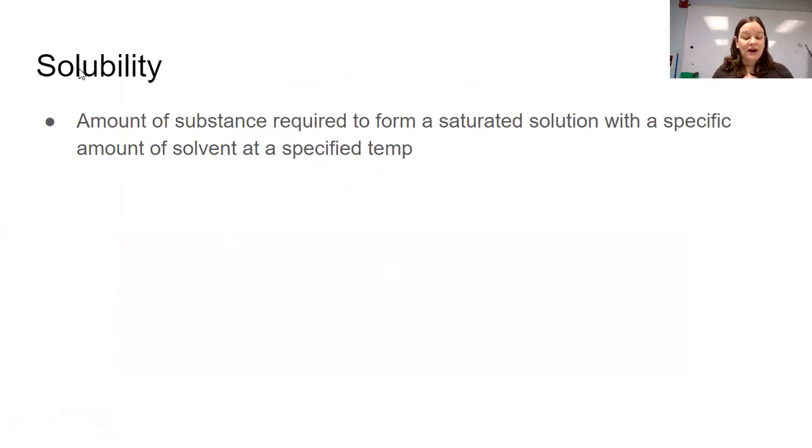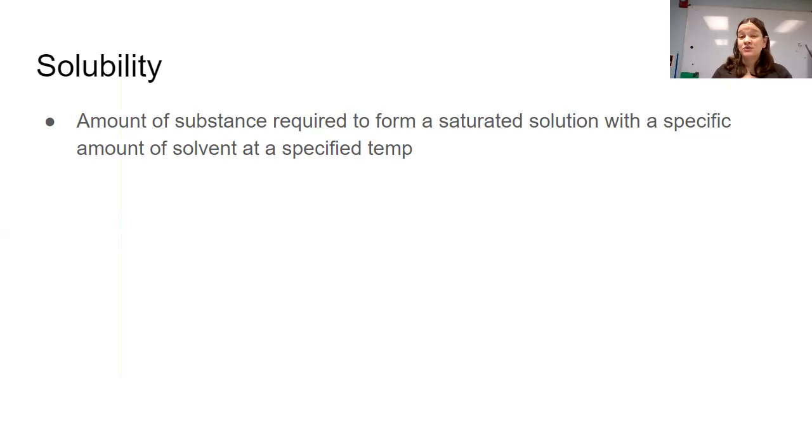So we can describe the solubility of substances. Solubility, we talked about as the ability to dissolve. What we're talking about when we're discussing the solubility of one substance in another is how much of the solute I need in order to form a saturated solution.